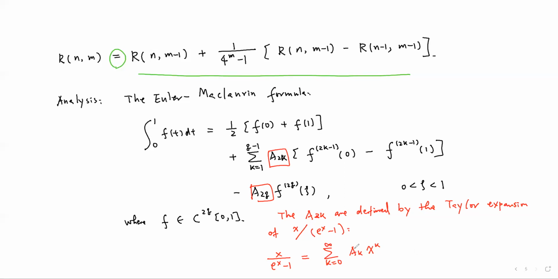The coefficients are the a's here. Actually, k factorial times a_k is usually called the Bernoulli number.